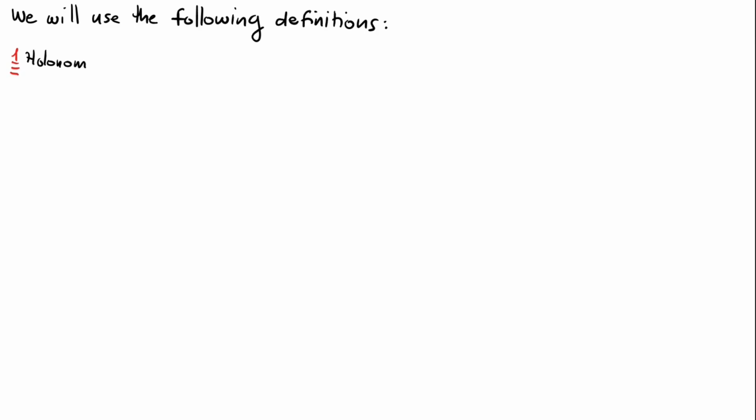I will use the following definitions for constraints. These have already been defined before, but it is important to know what they are. The first type of constraints are the so-called holonomic constraints.